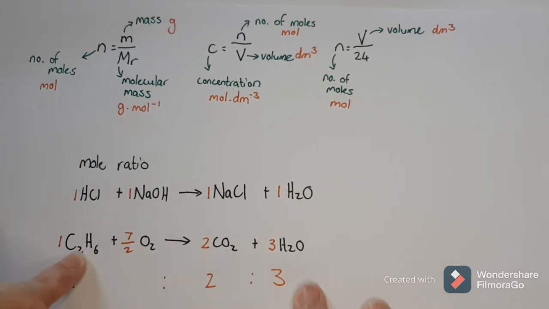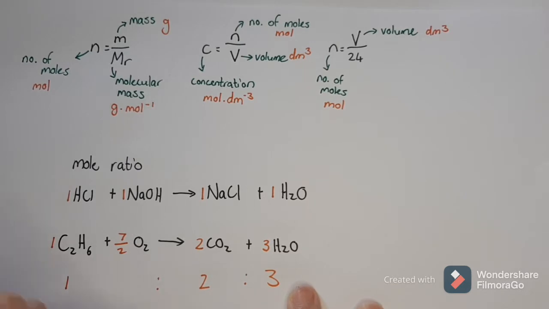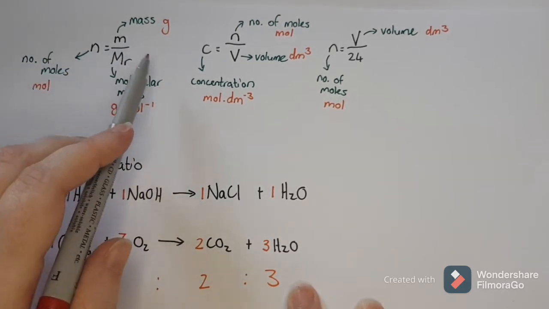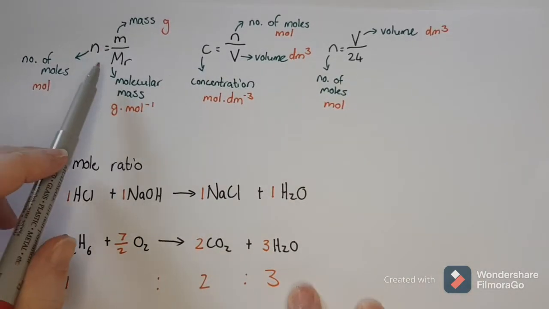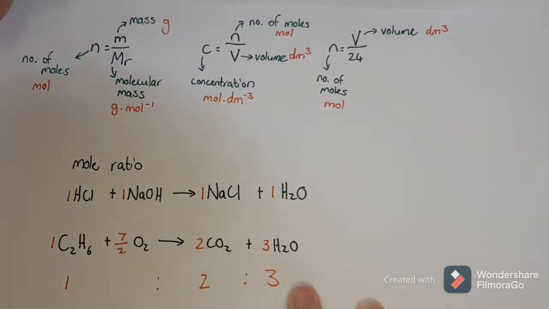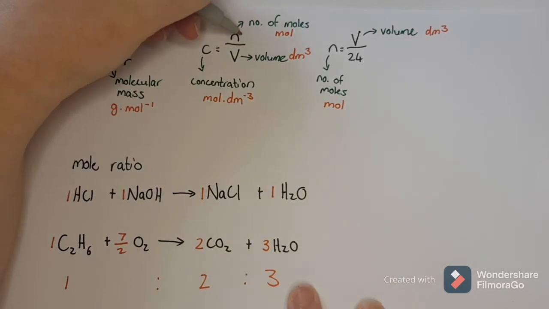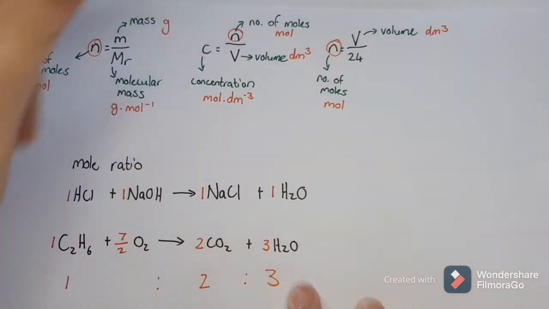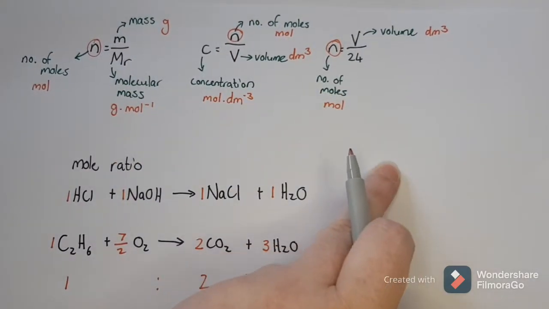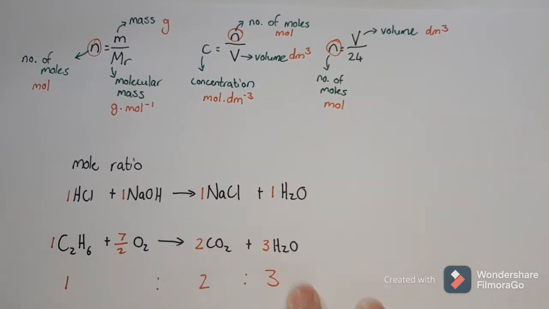And that we can use to calculate anything. As soon as I have the number of moles of one thing, I can use it to calculate any of the variables that I have running through any of these, because numbers of moles over here and over here are common throughout the entire thing. So I can use one number of moles to calculate another one if I have an equation.